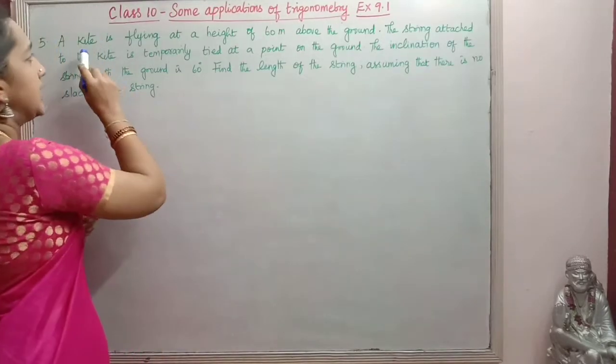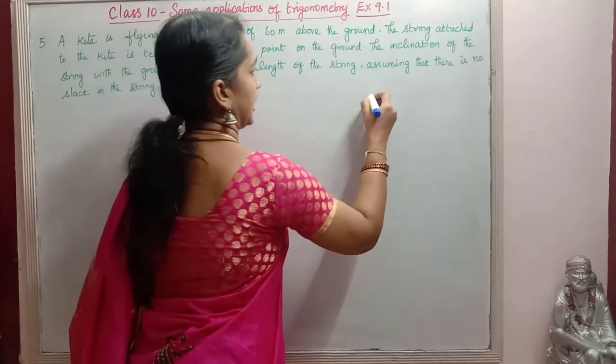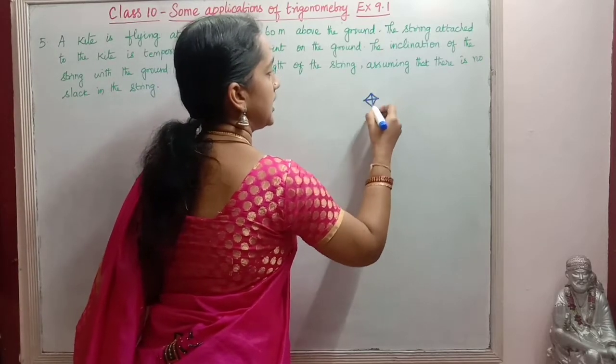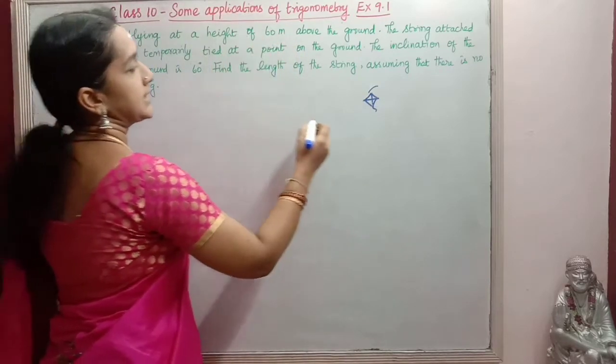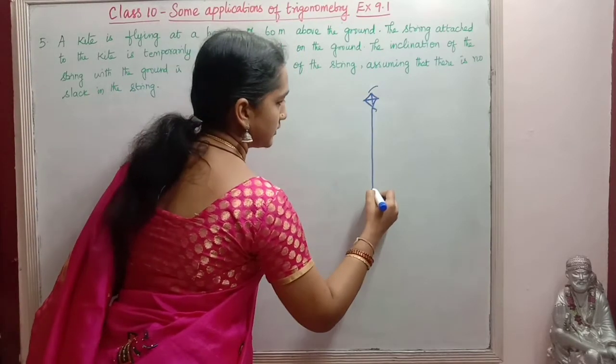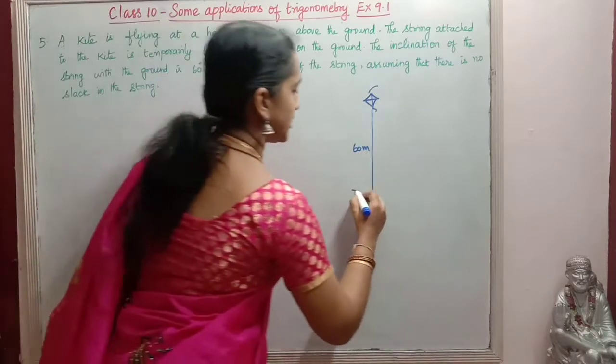The next sum is, a kite is flying at a height of 60 meter above the ground. So a kite is there, flying 60 meter above the ground. So this is the ground level.